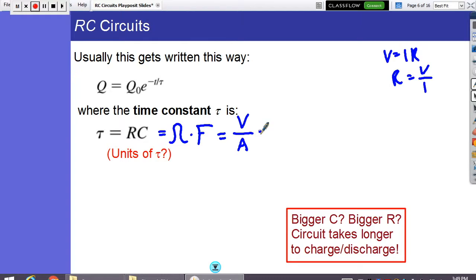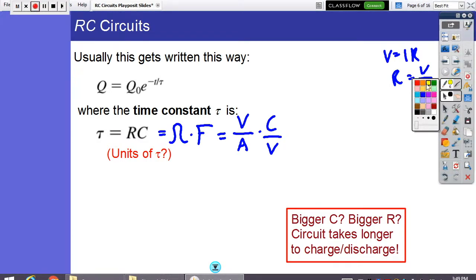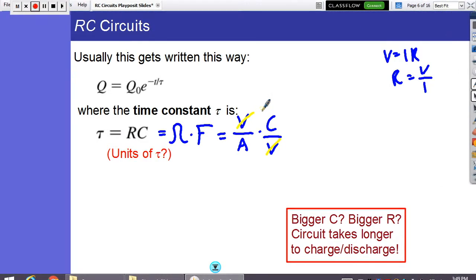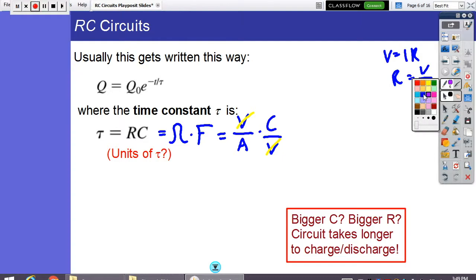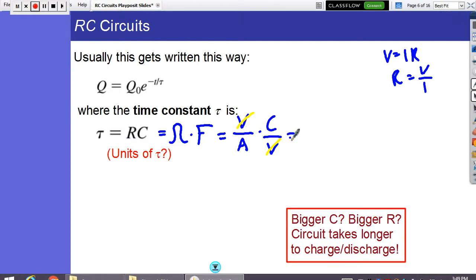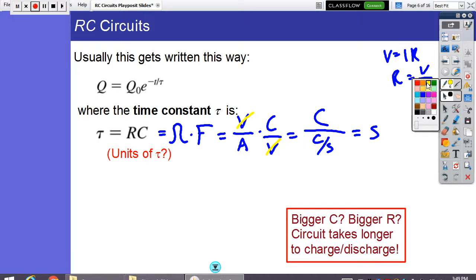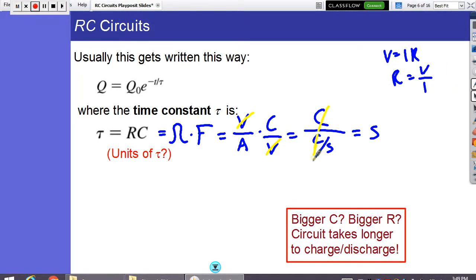And farads, I happen to know, are coulombs per volt. So my volts go away, and I end up with coulombs over amps. But amps are just coulombs per second. So my units here are in fact just seconds. So my time constant is measured in seconds.